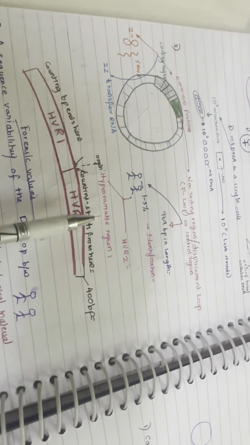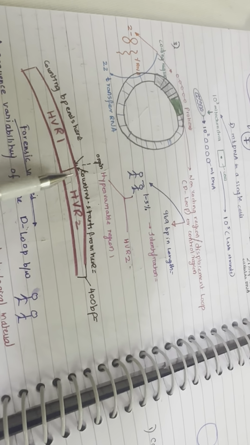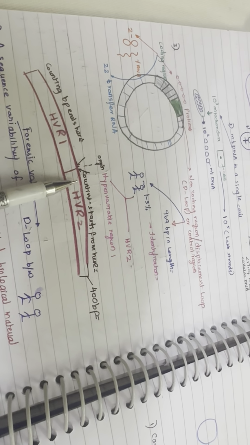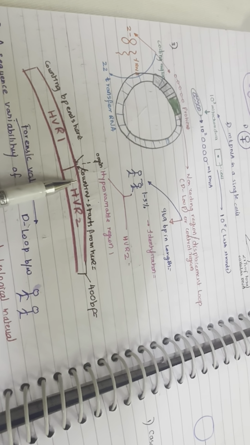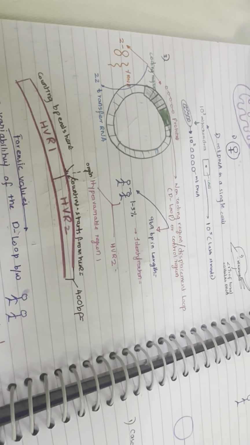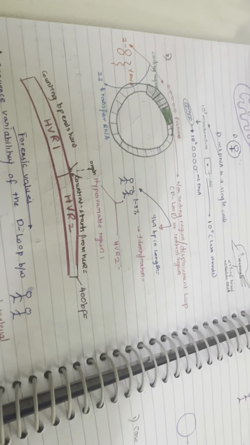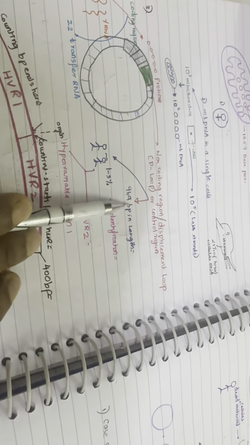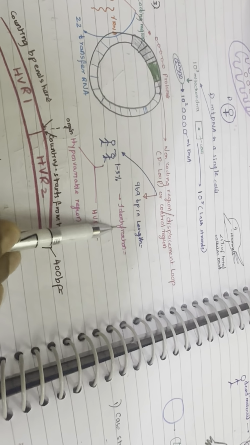The variability of the control region between unrelated individuals is about 1 to 3%, that is, 1 to 3 nucleotides out of every 100. This is responsible for identification.